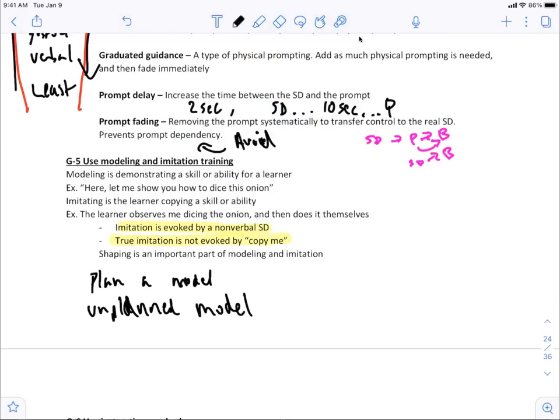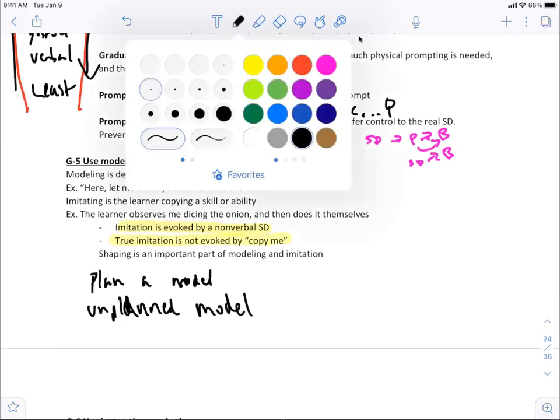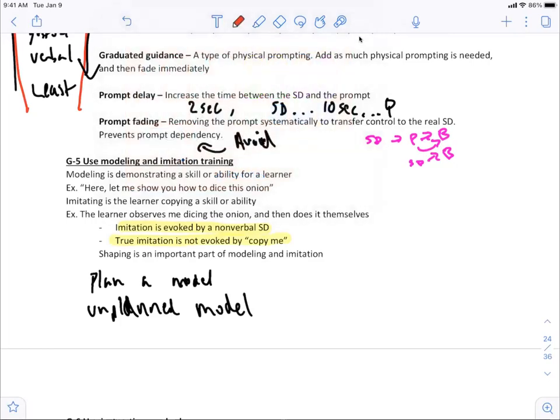Shaping is an important part of modeling and imitation. What is shaping? Successive approximations. So if we want them to raise their hand, just for example, and they raise their hand halfway off the desk, if we're going to shape, we're going to reinforce that approximation, right? And then they raise their hand 3/4 off the desk.